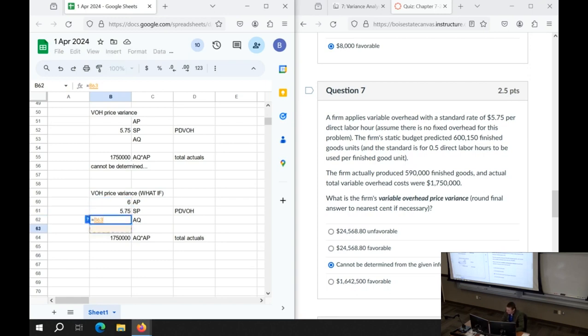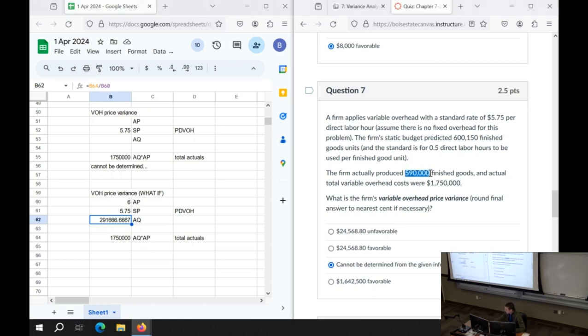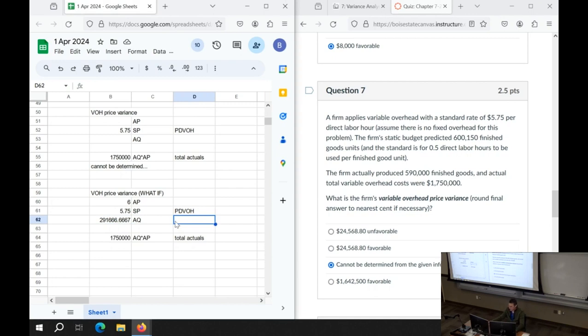Well, then we can take this total actual cost of variable overhead divided by the $6 will give us an actual quantity of 291,666 etc. of direct labor hours, which is in the ballpark. This is about 600,000 units, and at about 0.5, it should give us a standard quantity of 300,000. Yeah, we're not too far out. That looks like a reasonable number.